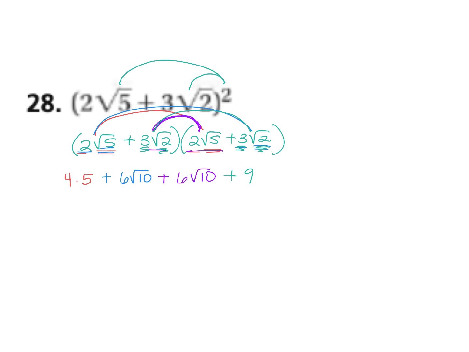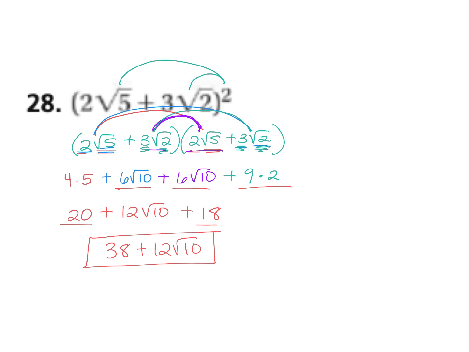Rad 2 times rad 2 is the square root of 4, which is 2. So you end up with 20 plus 6 rad 10 plus 6 rad 10 is 12 rad 10 plus 18. And then when you simplify that, 20 plus 18 is 38 plus 12 rad 10. Okay, so that's going to be your answer for number 28.